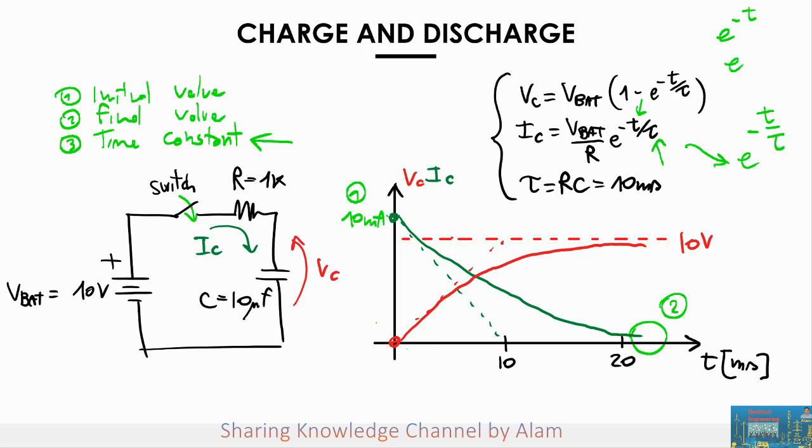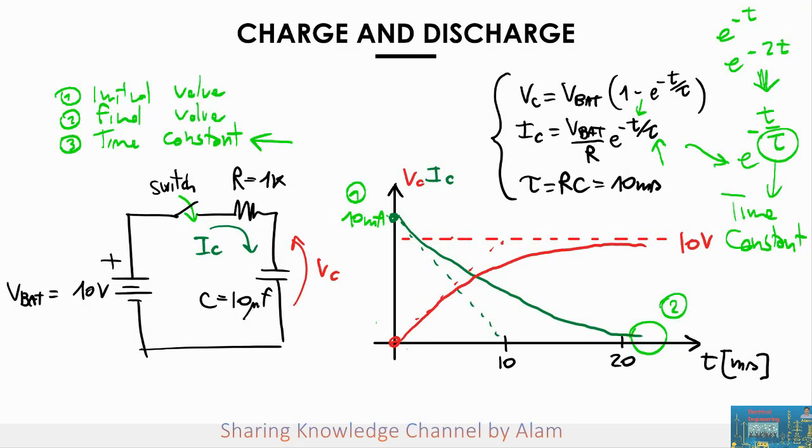If you have e to the minus 2t, that simply means that tau is equal to 0.5. So you can always transform the exponential function to look like this. If you do that, whatever you collect in the denominator is called the time constant, and it is usually indicated with the Greek letter tau.